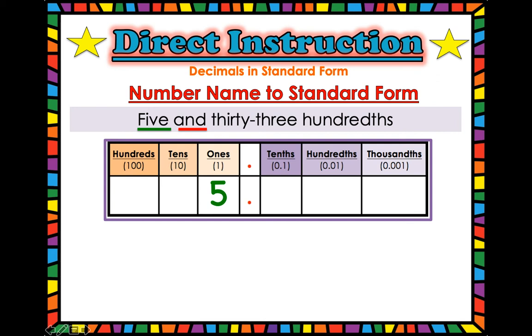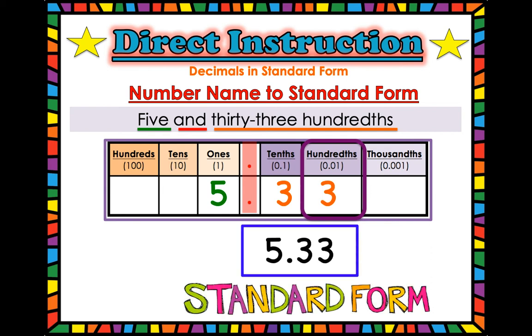And how do we know what number goes where? Well, we have 33. So there's going to be a 3 in both the tenths and the hundredths. But we know that we stop at the hundredths place because it says 5 and 33 hundredths. So we know we're stopping at the hundredths place right here. So this is standard form.